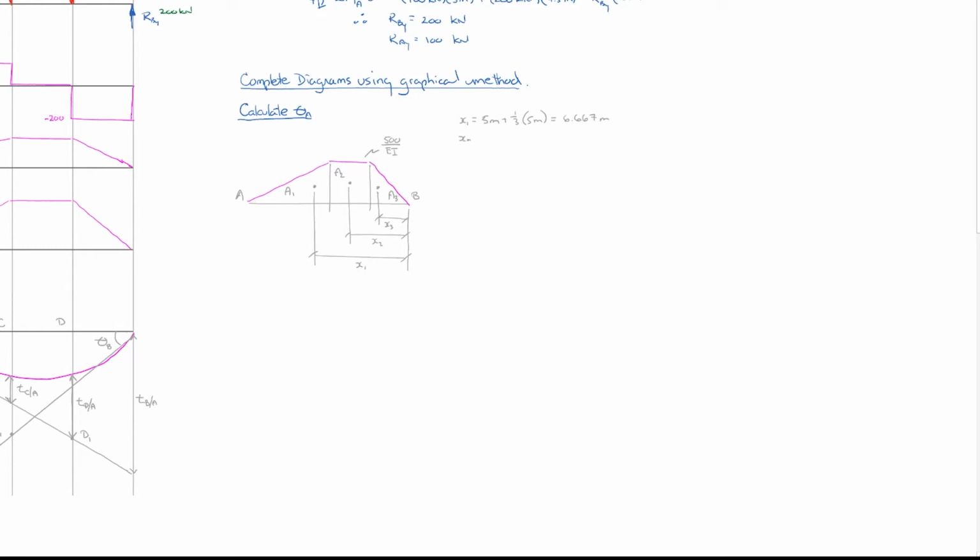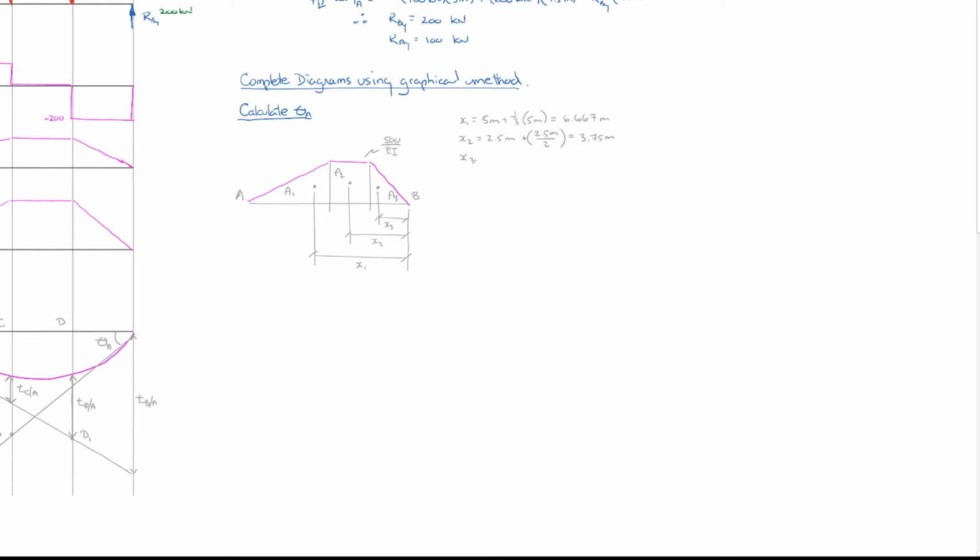And then we'll just carry on. X2 is equal to that first 2.5 meters plus 2.5 meters divided by 2, which brings us to the centroid of the second section, equal to 3.75 meters.